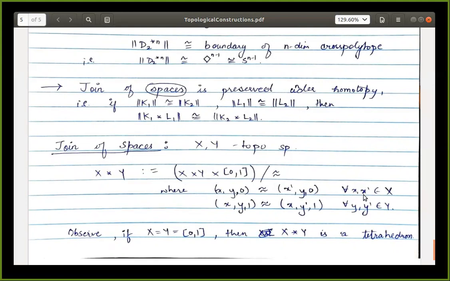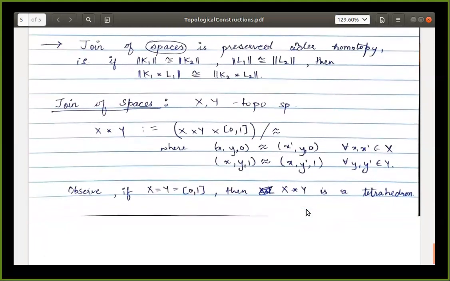Okay, so for every x' in X, (x, y, 0) becomes the same as (x', y, 0). And at the 1st level, you identify all the points of Y.